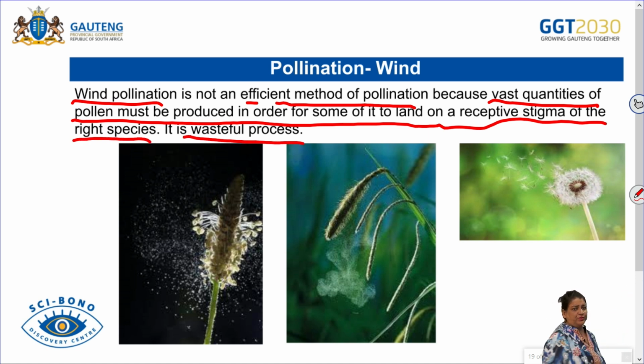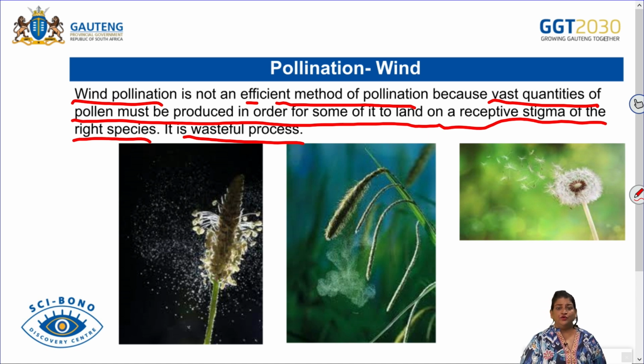It's a wasteful process. So with wind pollination, we need wind to transfer, for example, mealies. Now, you don't really see a brightly colored flower on a mealy plant. So those flowers that are not brightly colored need to be wind pollinated. You learned about the gymnosperms, and they also have ovules on the ovuliferous scales.